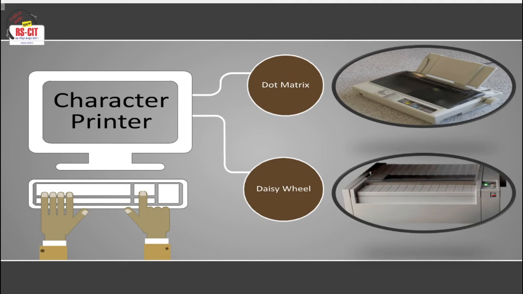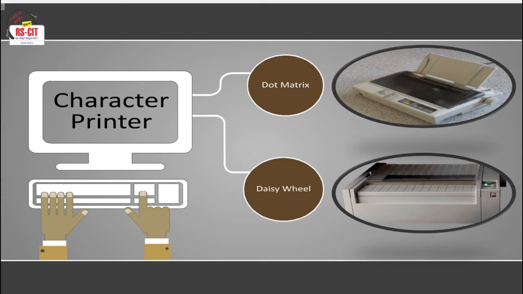Dot matrix printers use small electromagnetically activated pins in the print head and an inked ribbon to produce images by impact. These printers are noisy and comparatively slow. These are used in big businesses where continuous printing is to be done on 80 column and 132 column stationery.